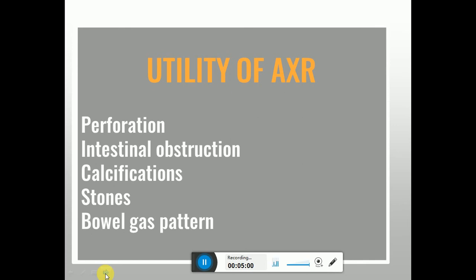Now why are we interested in doing abdominal X-ray? The utility of AXR, abdominal X-ray: first is intestinal perforation. There can be perforation in both small intestine or large intestine. There can be intestinal obstruction. There can be volvulus. Another is calcification.